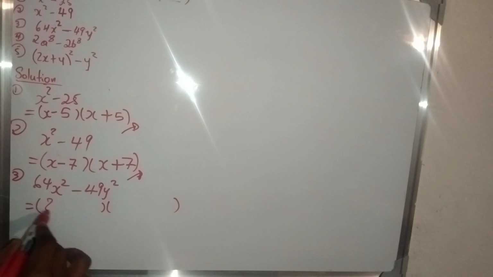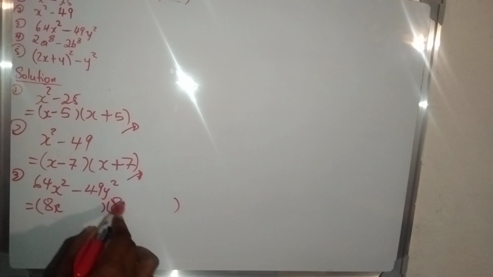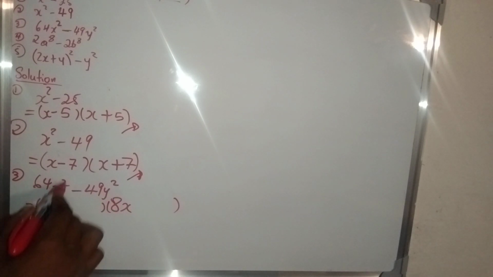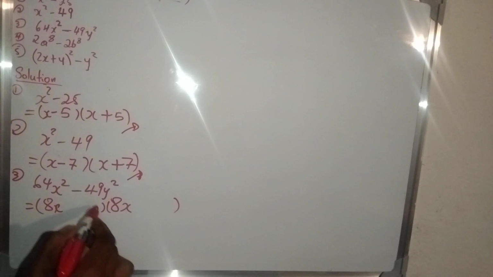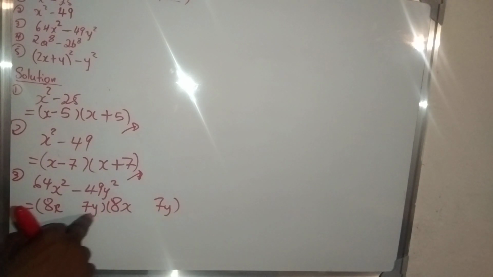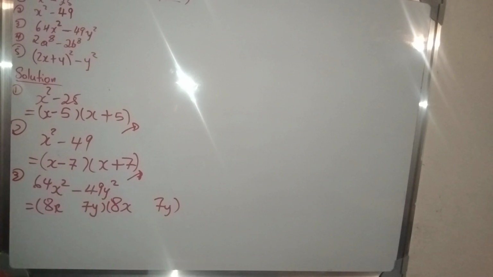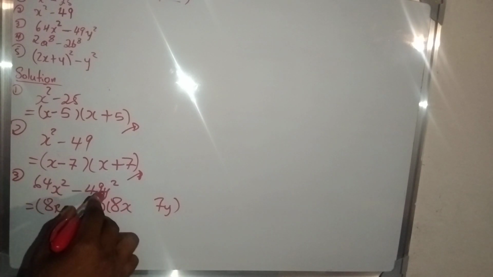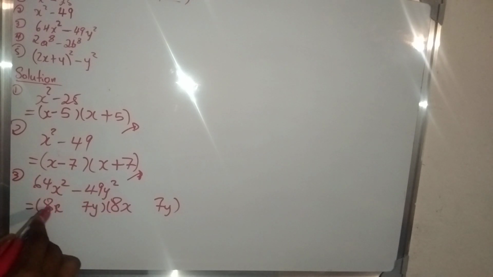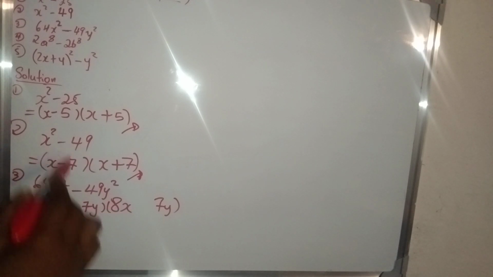So here it's going to be 8x and 8x. So 8x times 8x is 64x squared, right? And then for this one, 49 is going to be 7y and 7y. So 7 times 7 is 49, y times y is y squared. 8 times 8 is 64, x times x is x squared.